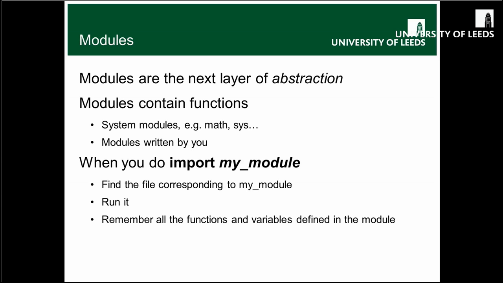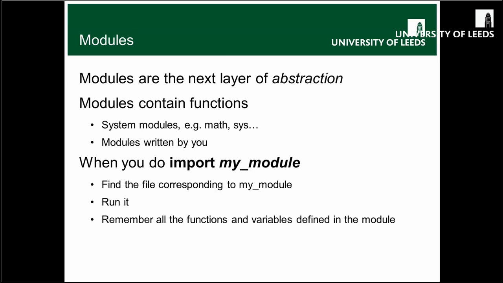So when you do import mymodule, what's actually going on under the hood is that if you haven't previously used mymodule, so if this is the first time you're importing it, then Python goes and finds the file that corresponds to mymodule. That's probably mymodule.py. There are some other formats that are used for pre-compiled modules, mainly things in the standard library.